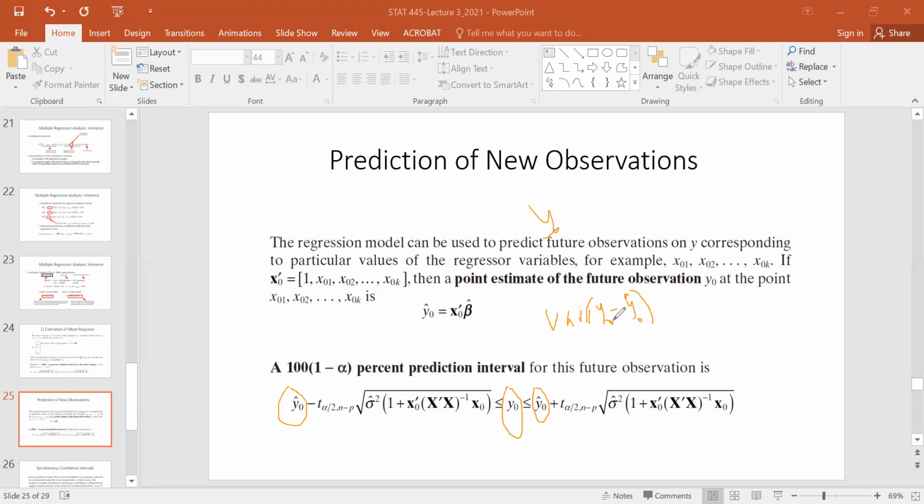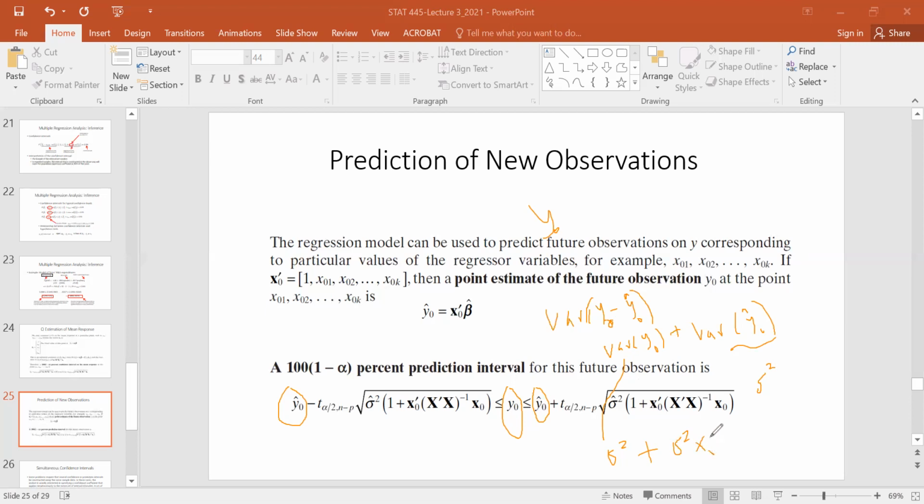Okay, these are assumed to be independent. So you will just have the variance of y0 plus the variance of y0 hat. This we have derived in the previous slide. That will be sigma squared. Plus this one, the variance of a future observation, any of the y's is sigma squared, remember. And this we have derived just on the previous slide.